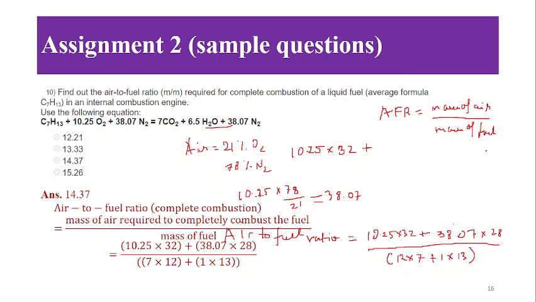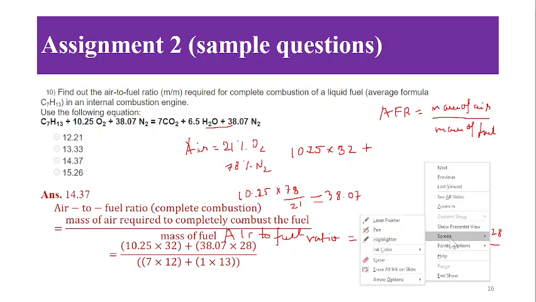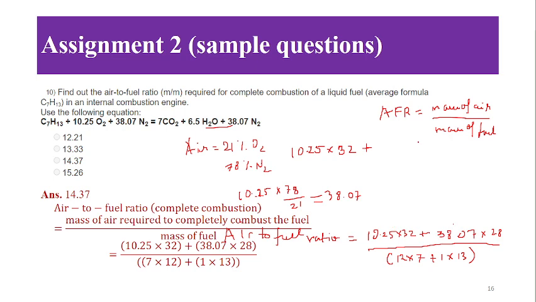In this, there are a few levels you need to consider. So I'll just explain it in one go. First you need to understand that you need oxygen to oxidize the fuel, correct? So first you need to see, this is fuel, I am denoting it as F, plus the oxygen required.